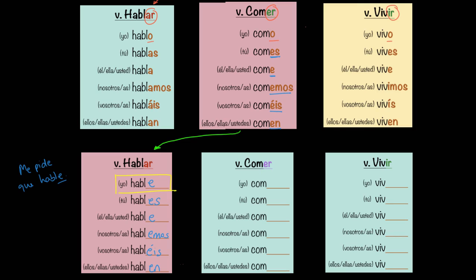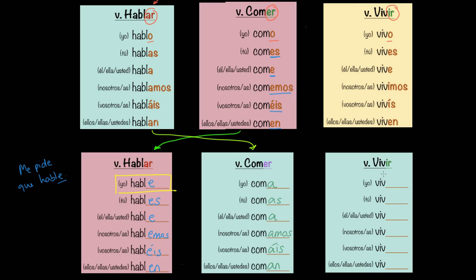I'll give you a clue. I eat would be in Spanish que yo coma. So if this is an A, what's going to happen? Exactly, I'm going to take these endings and put them here. So it's going to be que yo coma, que tú comas, que él, ella coma, que nosotros comamos, que vosotros comáis, que ellos coman.